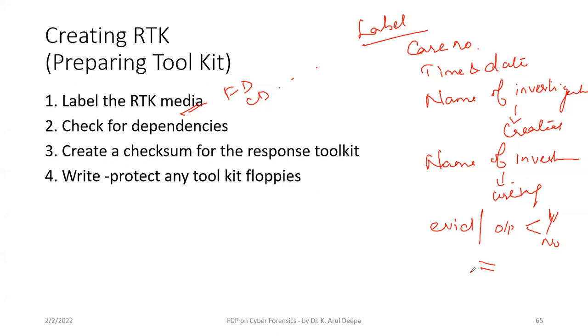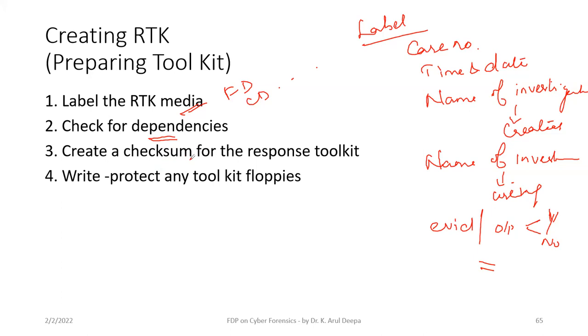Is it going to take any files for its proper execution or not? That is what checking for dependencies means. But it is recommended to have an independent toolkit; that is what the author is recommending. And the third one is to create a checksum for the response toolkit, that is, verifying the response toolkit.